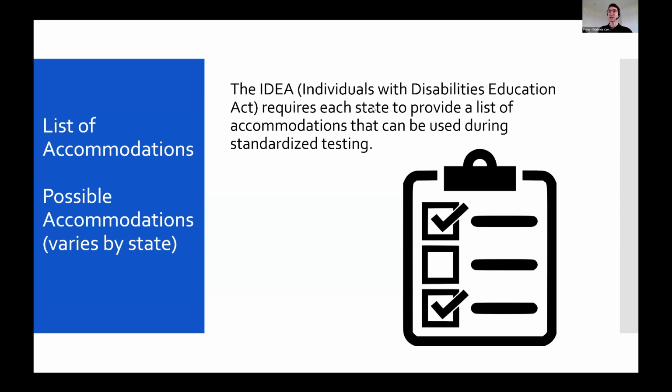If you're curious about this and want the list, you can contact the Department of Education in the state where you are and ask for that list or find it online. Or it's possible somebody in the school district will also have access to that list. That will tell you which accommodations are allowed on standardized testing in that state. It's helpful to look into it individually in each state since which ones are allowed do vary.